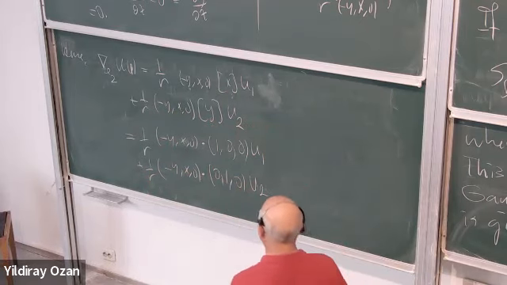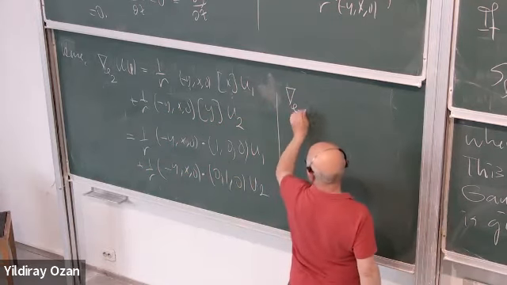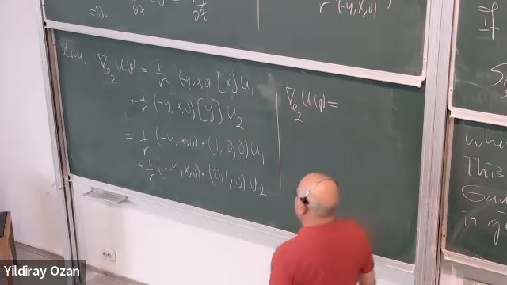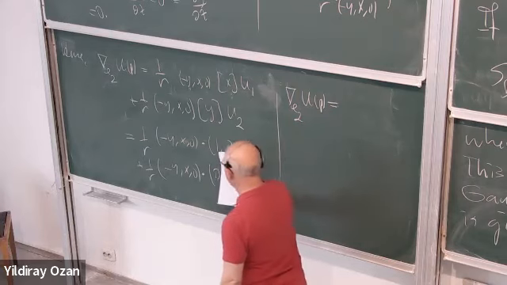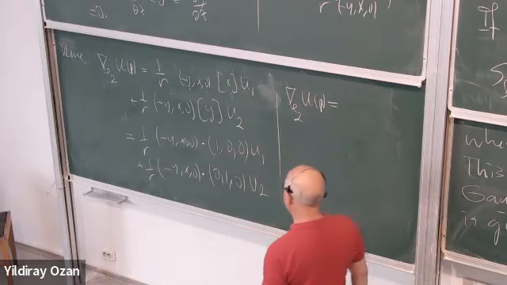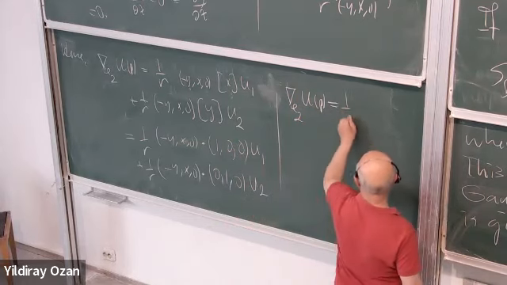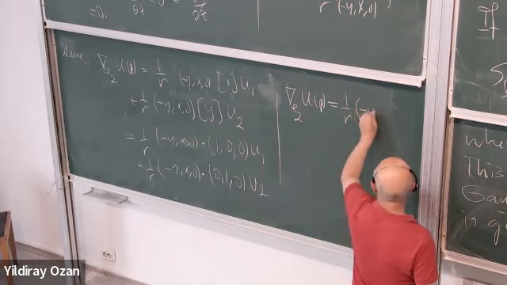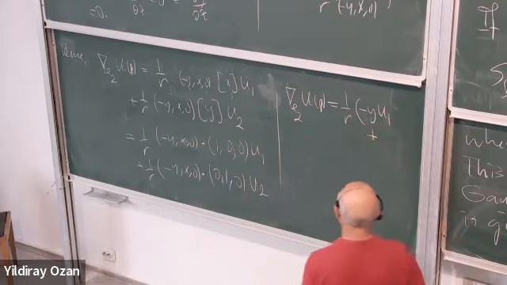So from this, we will get what? Nabla E2 of UP is just, okay, from this I will get minus Y. So 1 over R in parenthesis, minus Y times U1 plus X times U2.